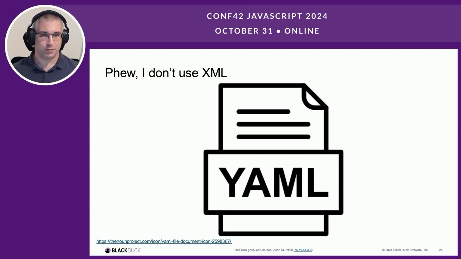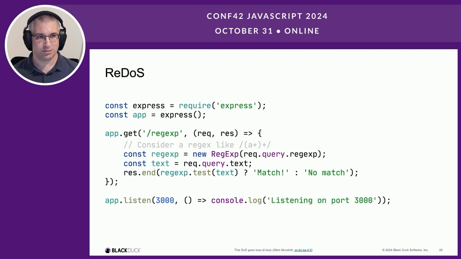But okay, enough about annoying formats that we all love to hate or hate to love. Your dealer's choice. Let's talk about something even more ubiquitous to JavaScript. Let's talk about regexes. I dare you to write any good-sized application without a regex somewhere. And if it isn't in your code, it's probably in some third party you're using.